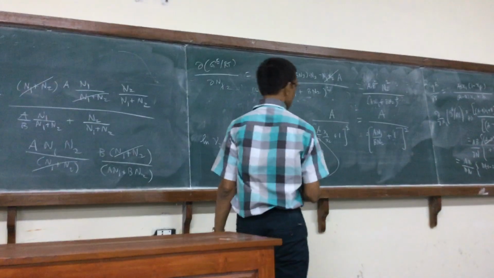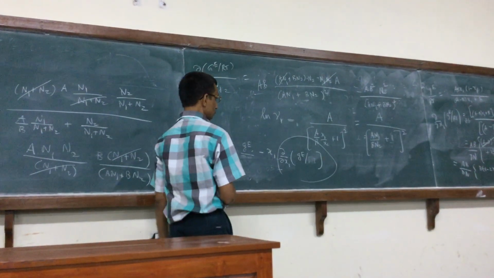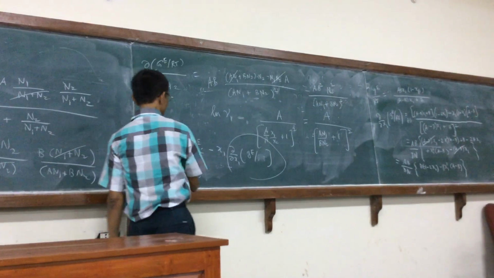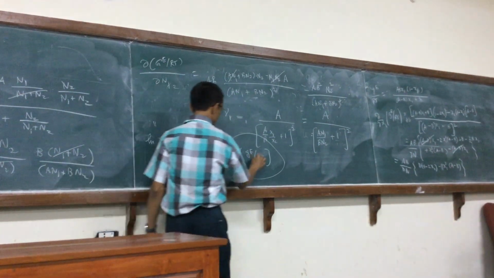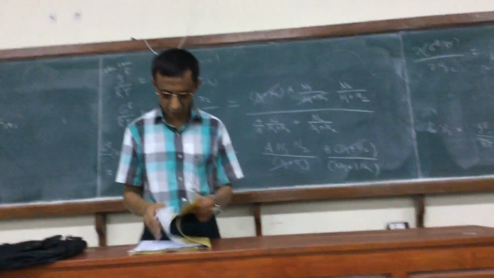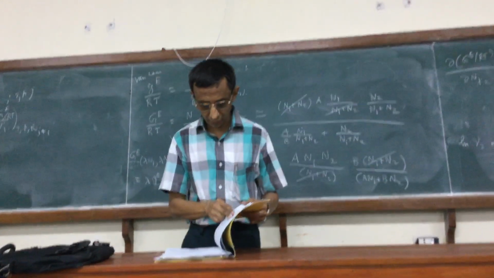So differentiating GE by RT, I'll directly get log gamma 2. So log gamma 2, the answer is given in the T, very similar to the expression for gamma 1.